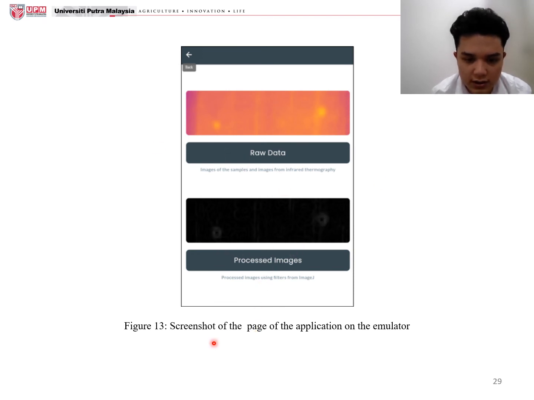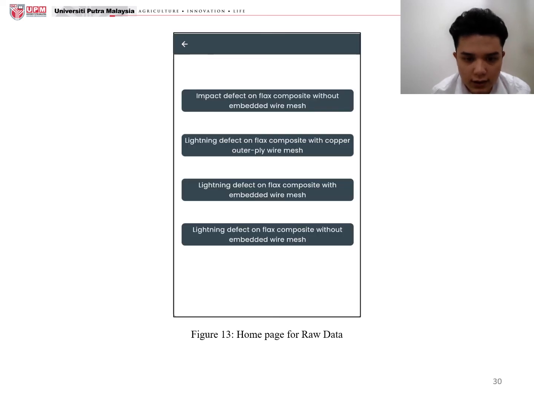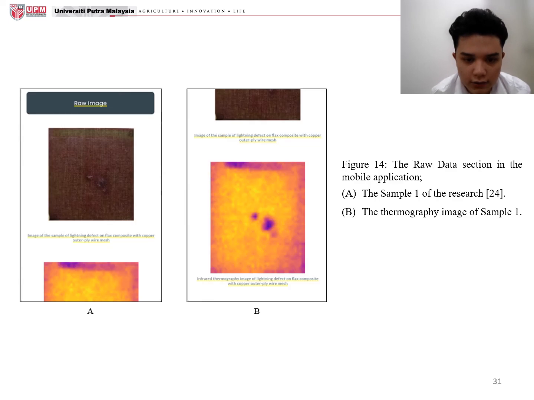This is the screenshot of the page of the application on the emulator. So if we click the raw data, it will show all 4 samples. If we want to see sample 1, we click sample 1. It shows like this: the raw image, the actual image, and then the thermography image.